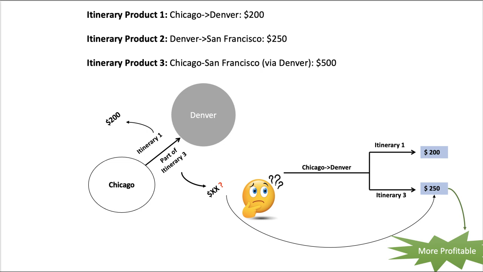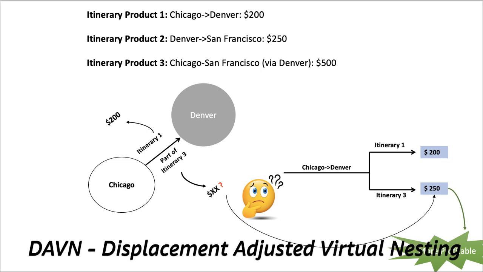Clearly, in this case, the leg Chicago to Denver is more profitable if it is booked for the third itinerary. In order to get a notion of which leg is more profitable for which part of the itinerary, it is computed by a heuristic named DAVN, Displacement Average Virtual Nesting.